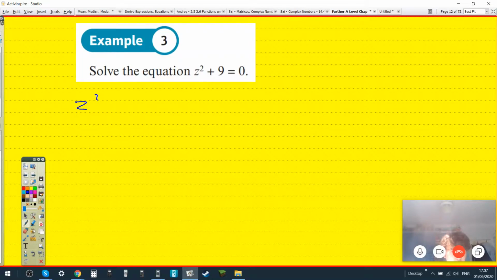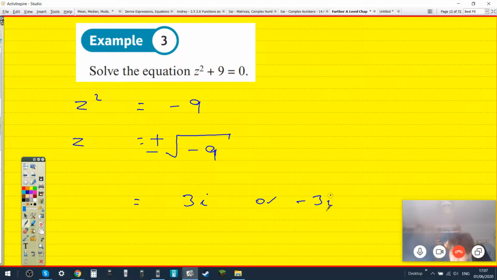Z squared equals minus 9. So then Z equals the root of minus 9. So then that's just 3i. There's one more answer. Plus or minus. So it's just 3i or minus 3i.